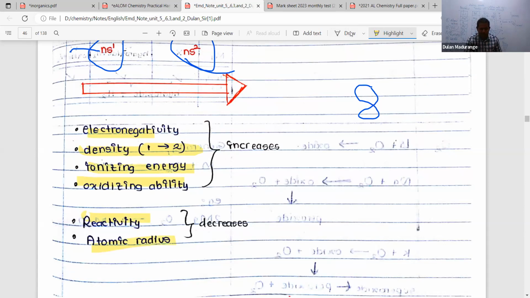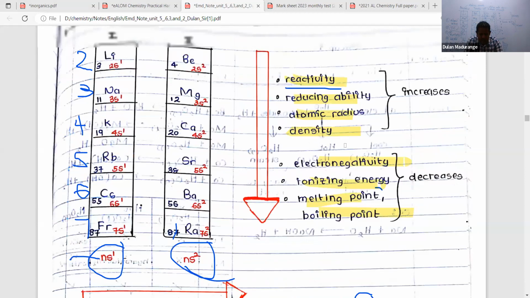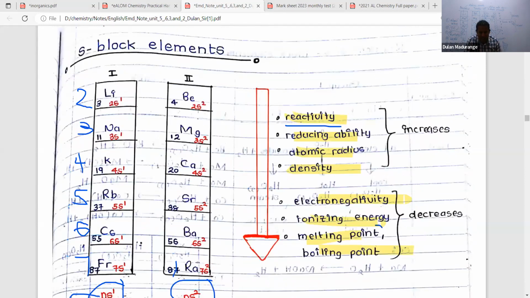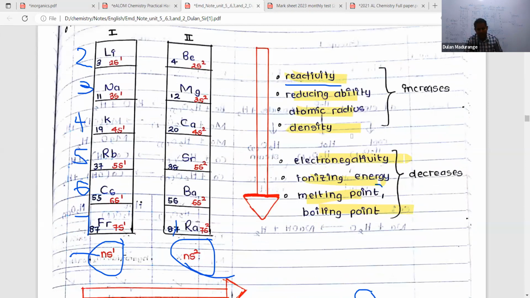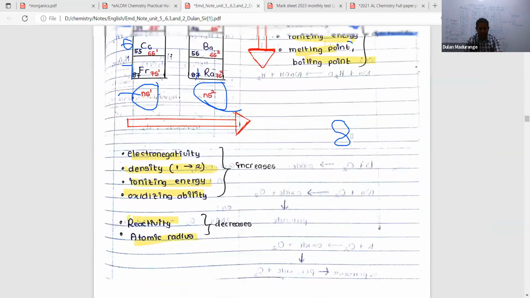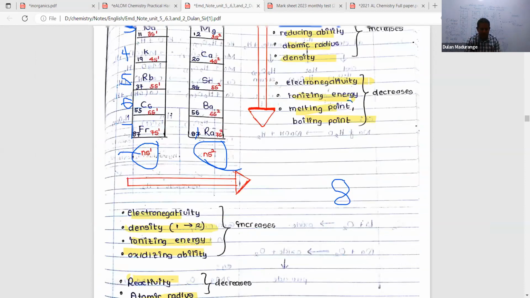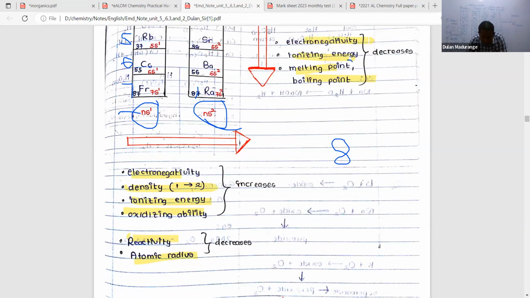Ask questions. If you haven't finished this part, you can take a screenshot. Okay. Downwards the group, oxidizing ability decreases, right?